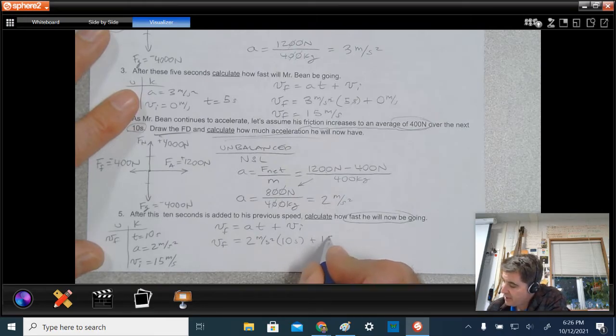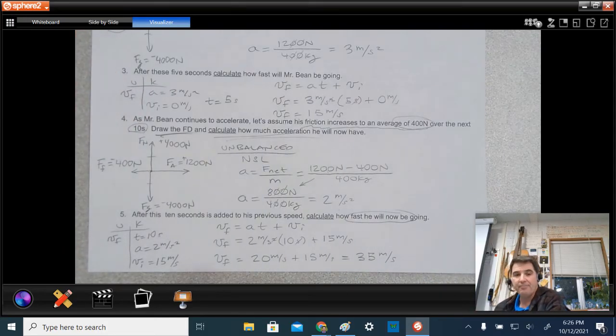So this is 15 meters per second. The seconds cancel there. I get Vf equals 10 times 2 is 20 meters per second plus 15 meters per second. These are both meters per second, so I can just add them right up. Equals 35 meters per second.